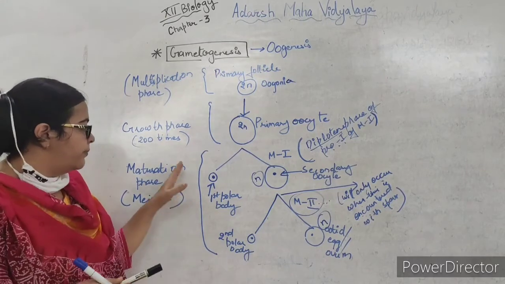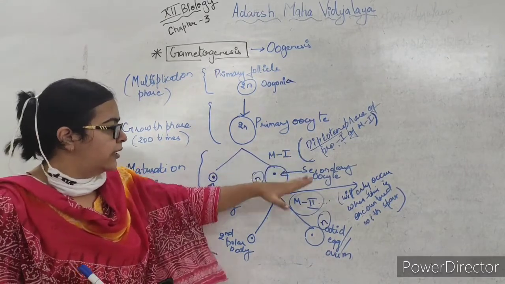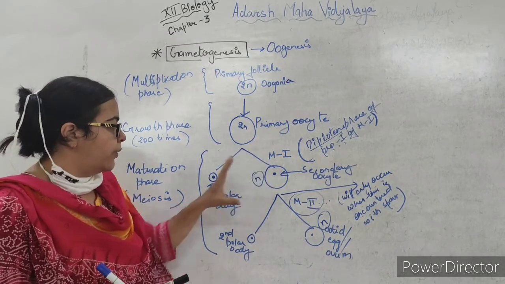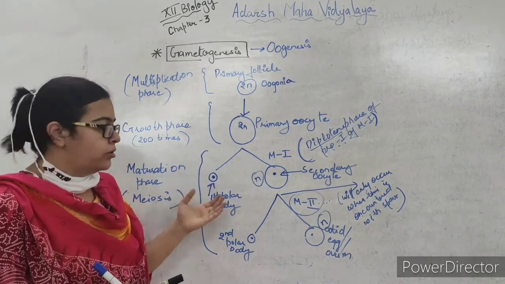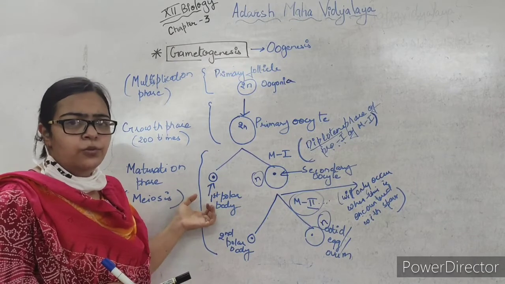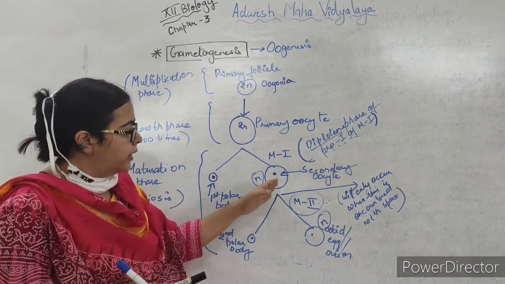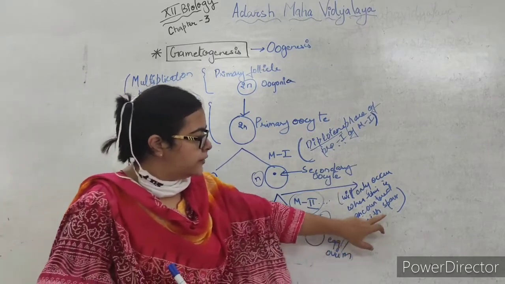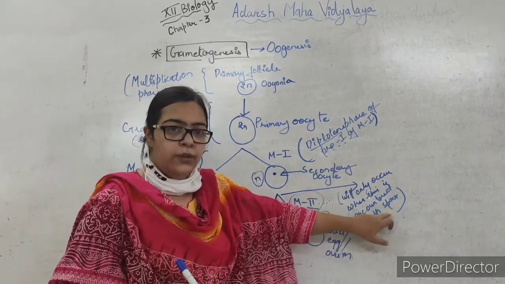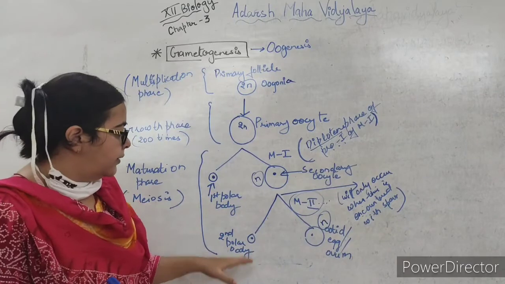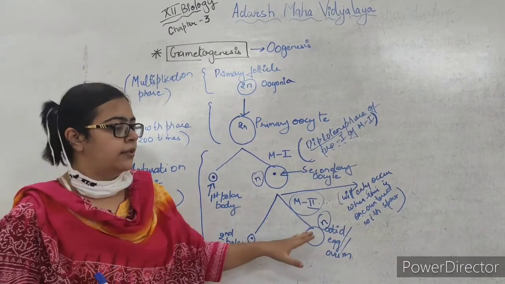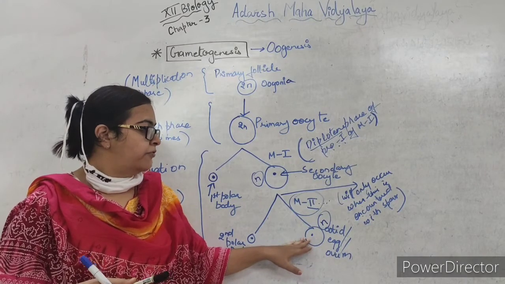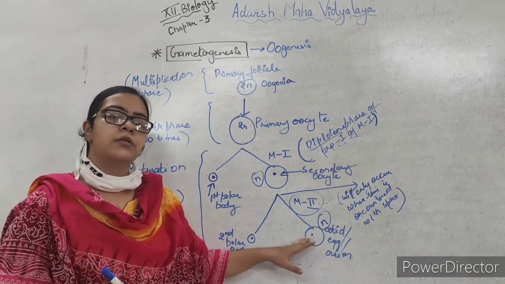So at the maturation phase, first meiosis will occur, giving the secondary oocyte and first polar body. Here nourishment is required, so one cell is very small, which we call the first polar body, and there is no requirement of this cell. And again, when this secondary oocyte encounters sperm, it will form the second polar body, and the ootid or the egg will be formed, and this will be fertilized with the nucleus of the sperm.